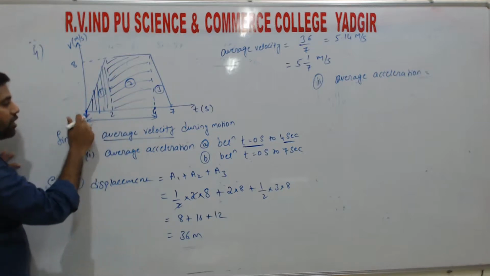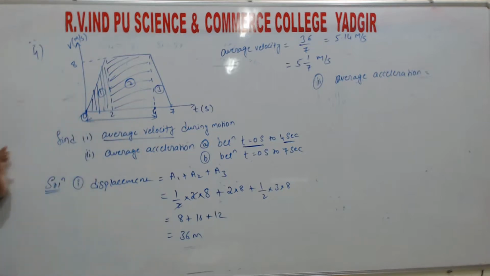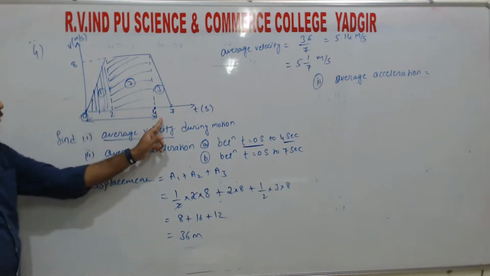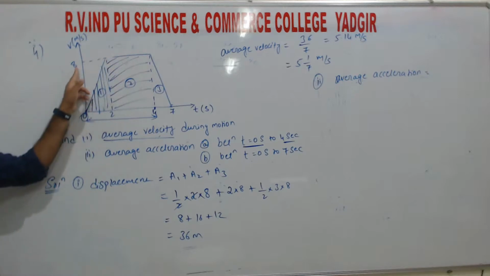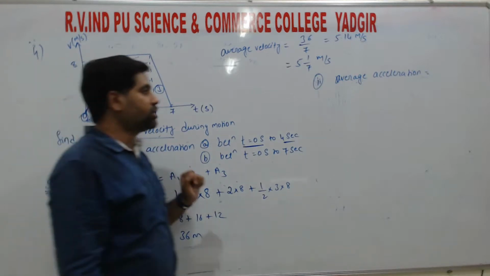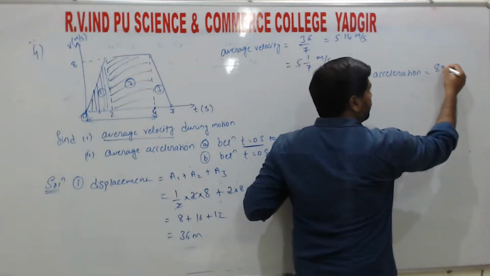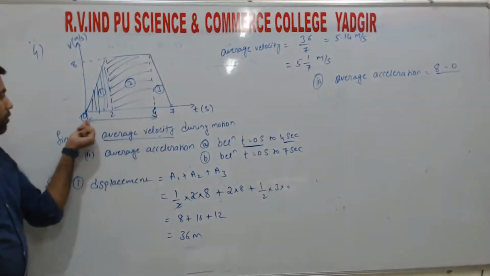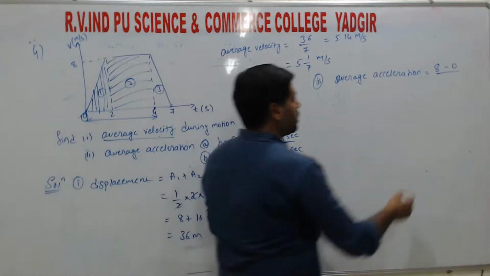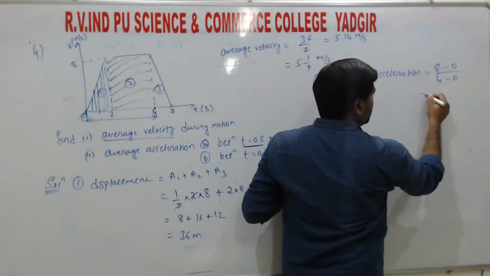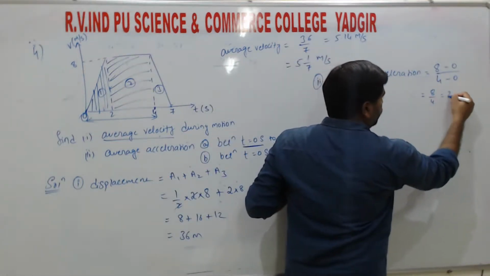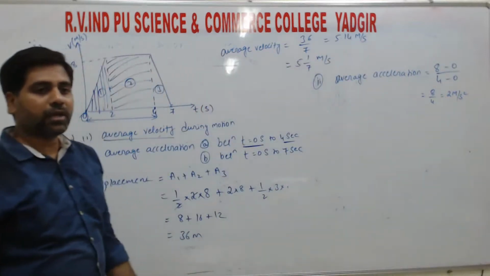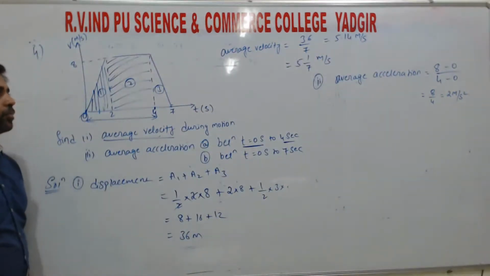Initially its velocity is 0, so when t equals 0, its velocity is 0. When t equals 4 seconds, its velocity is how much? 8 meter per second. So change in velocity is 8 minus 0, divided by the change in time, 4 minus 0. 8 by 4, 2 meter per second square, right? So that gives the acceleration.